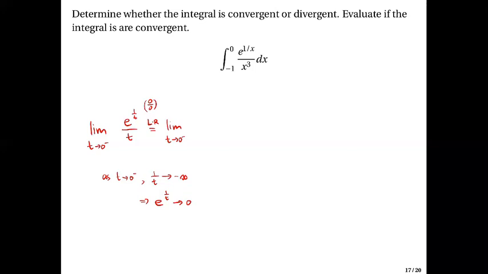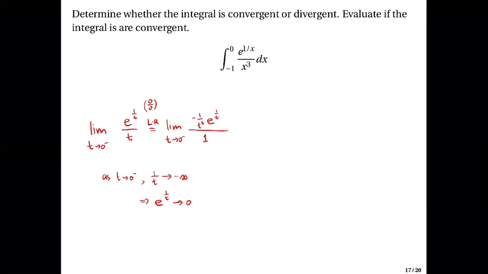If we do that, we will have negative 1 over t squared e raised to 1 over t. For the denominator, we'll get 1. But notice this expression got worse.